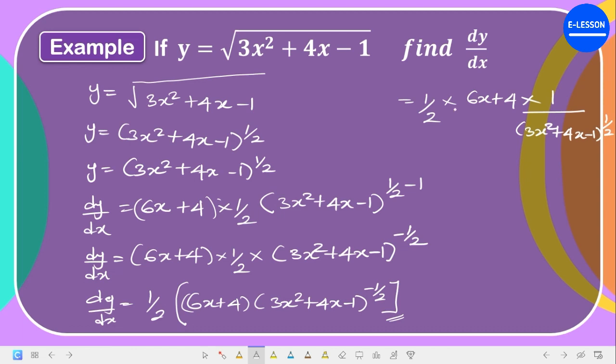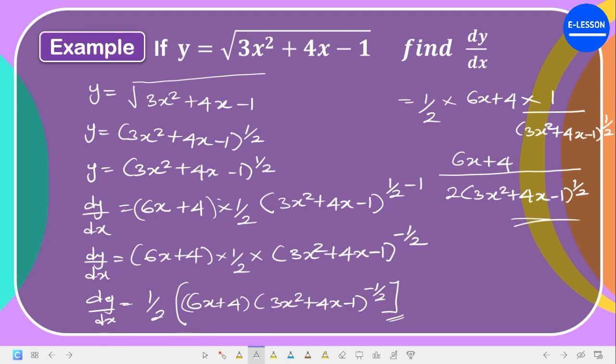And then the final answer to this question is 6x plus 4 divided by 2 times (3x squared plus 4x minus 1) raised to the power of half. And that is the solution to that question.